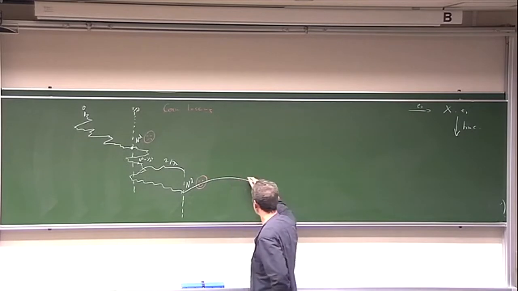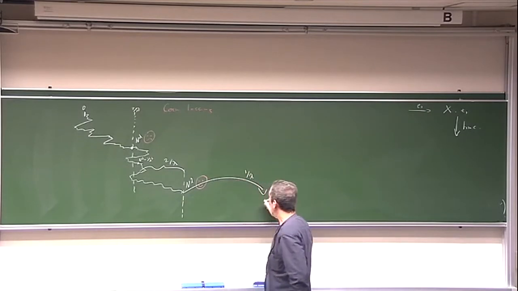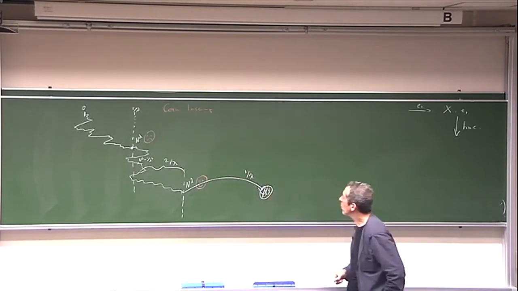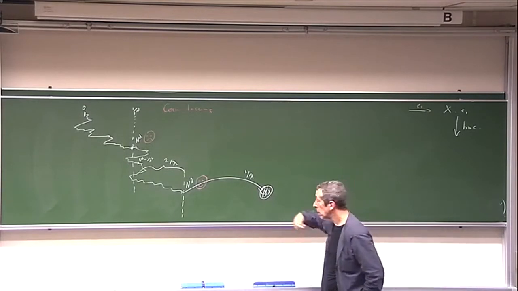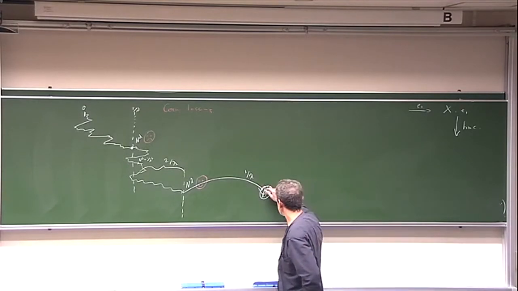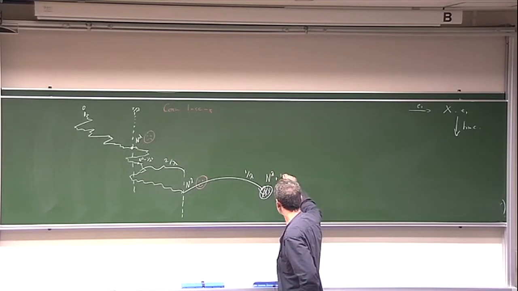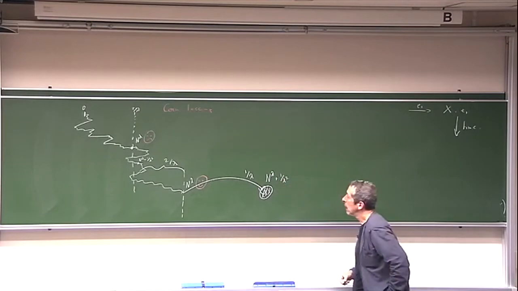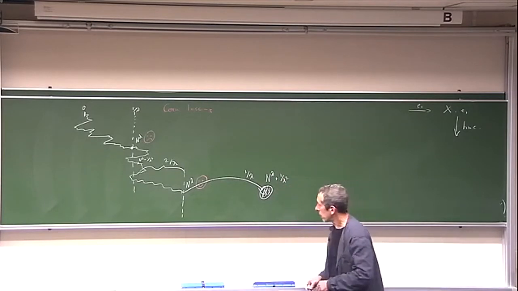This is size 1 over lambda. And then you get to some location here, in time 1 over lambda square. So here we get to that point at time n lambda plus 1 over lambda square. Okay. So this is the description of the first part of the algorithm.